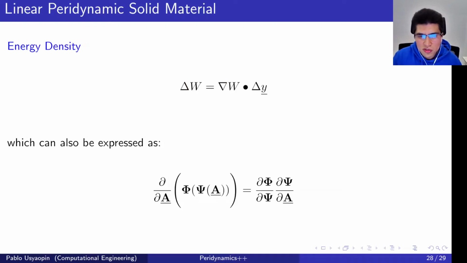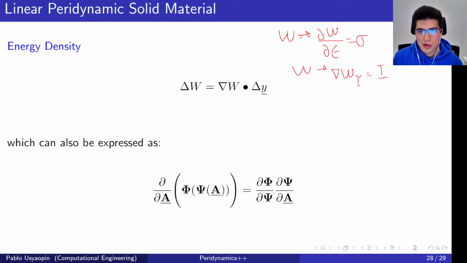And now what I was trying to tell you, and this is what really is interesting for us, is the following. In classical mechanics, we have a strain energy density defined by omega, and this function is a scalar, right? If you apply the derivative of this strain energy density function omega with respect to a strain, in this case let's call it epsilon, we can obtain a stress.